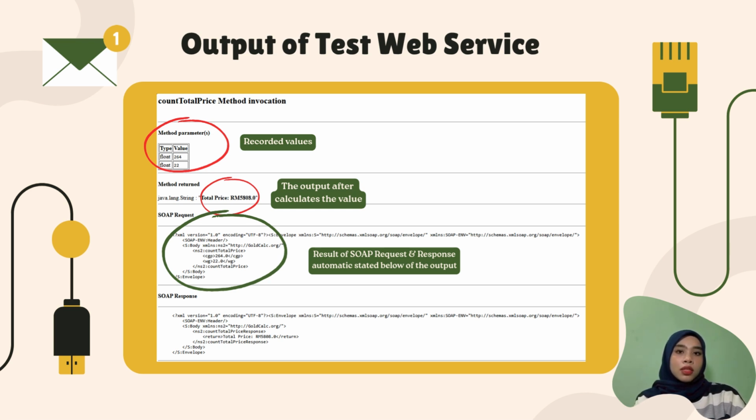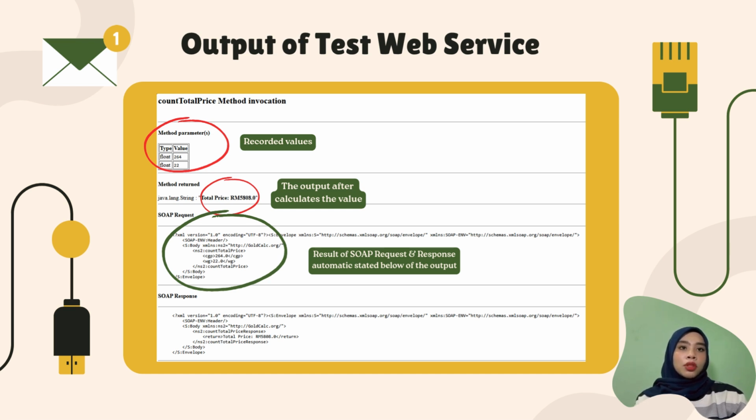When the SOAP request is received by the server, the service processes the data by calculating the total price as 264 multiplied by 22, equal to RM 5808. The result is returned to the client in a SOAP response, which also follows the XML structure.